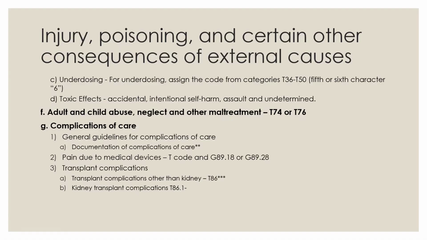A transplant complication code is only assigned if the complication affects the function of the transplanted organ. Two codes are required to fully describe a transplant complication: the appropriate code from category T86 and a secondary code that identifies the complication.